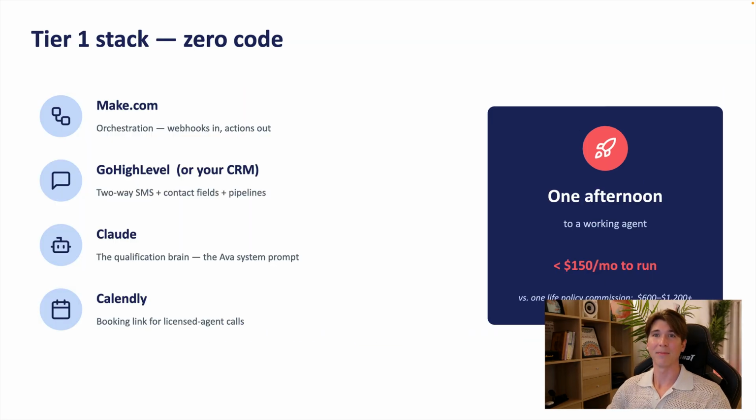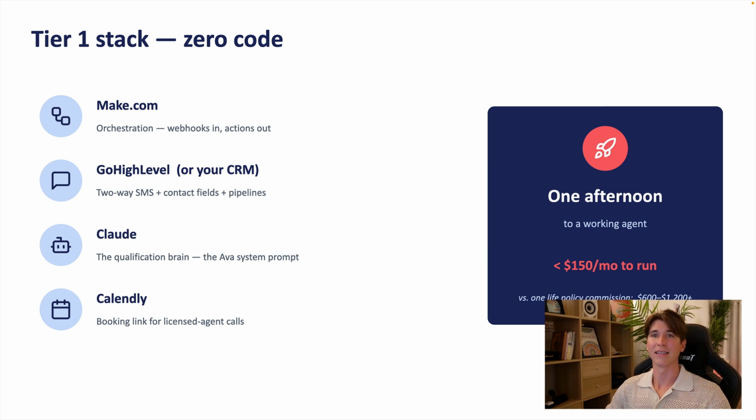So make.com is where we get webhooks that are events when someone submits a lead, and then that's going to pipe into your CRM, whatever CRM you're using. The AI agent will coordinate the data in your CRM so you capture that lead. And Go High Level CRM has built-in SMS, so it can communicate with them directly.